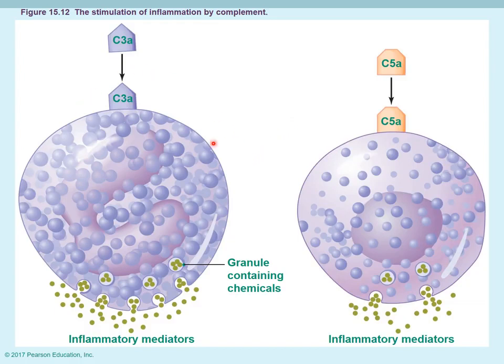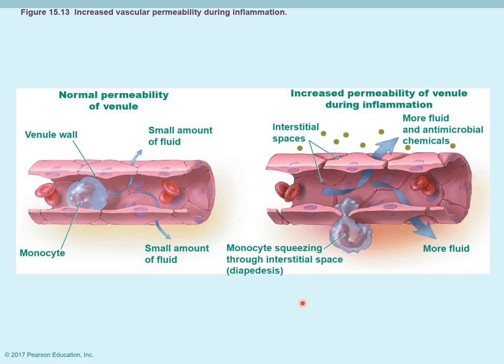And then part of that is the complement activation process, where you are releasing certain chemicals that will help the response as well. And I already mentioned increased vascular permeability, how the blood vessels are going to dilate and allow more release.